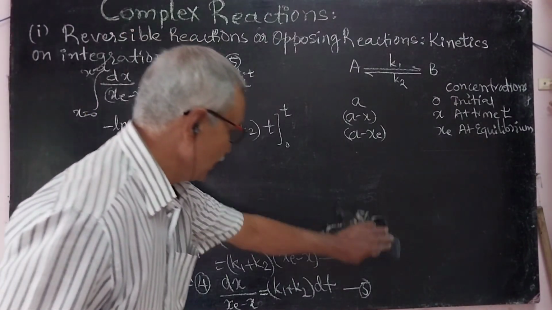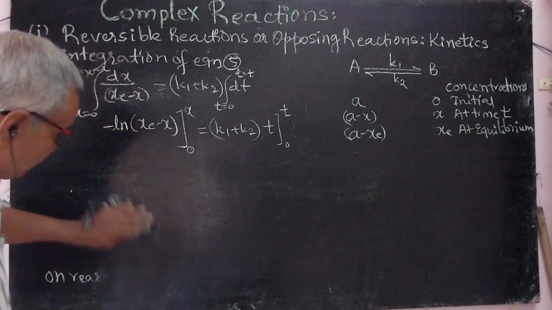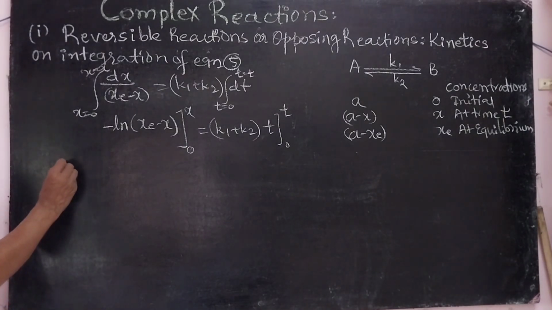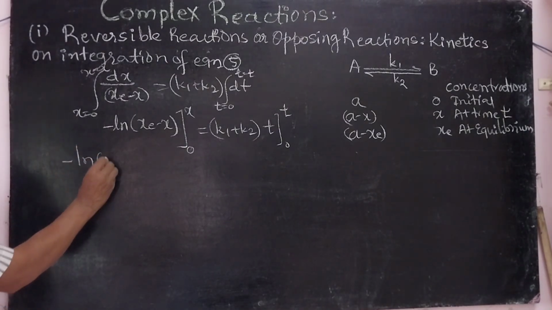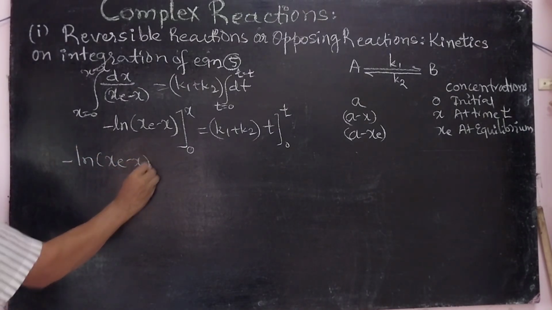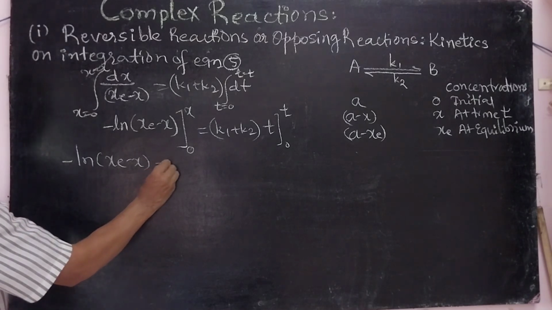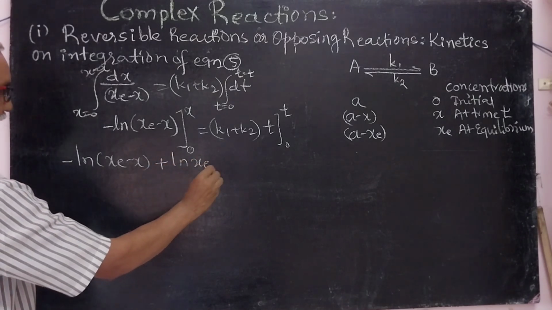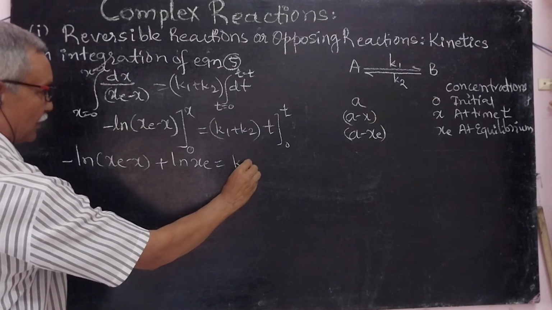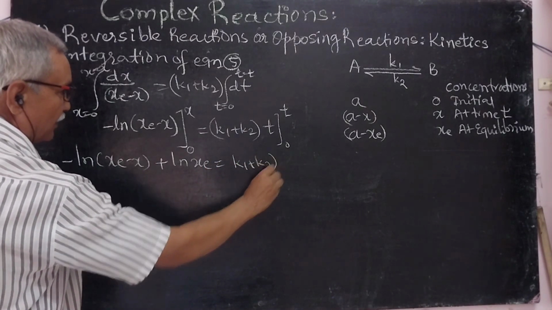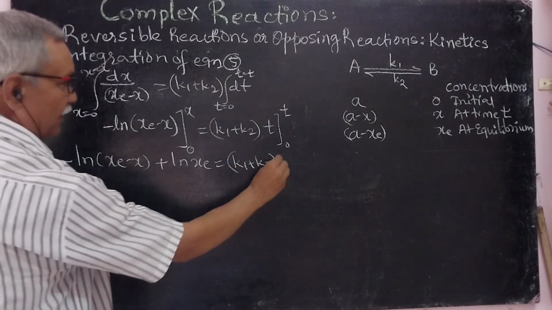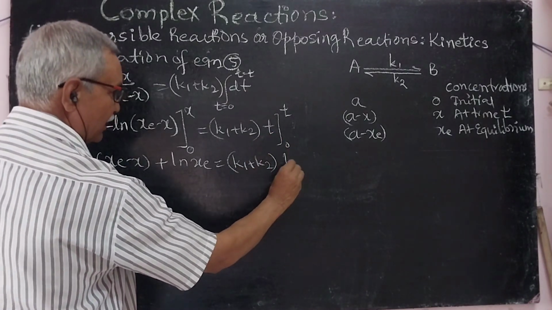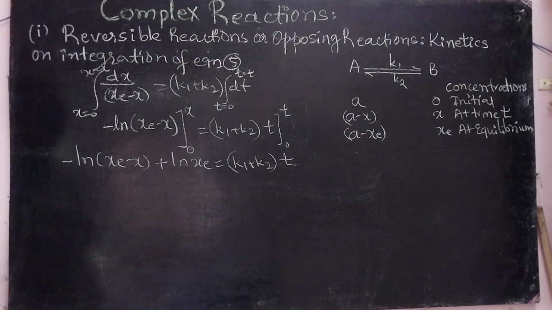Thus we get minus ln (Xe minus x) minus of minus ln Xe, minus of minus becomes a plus, is equal to (K1 plus K2) into t.